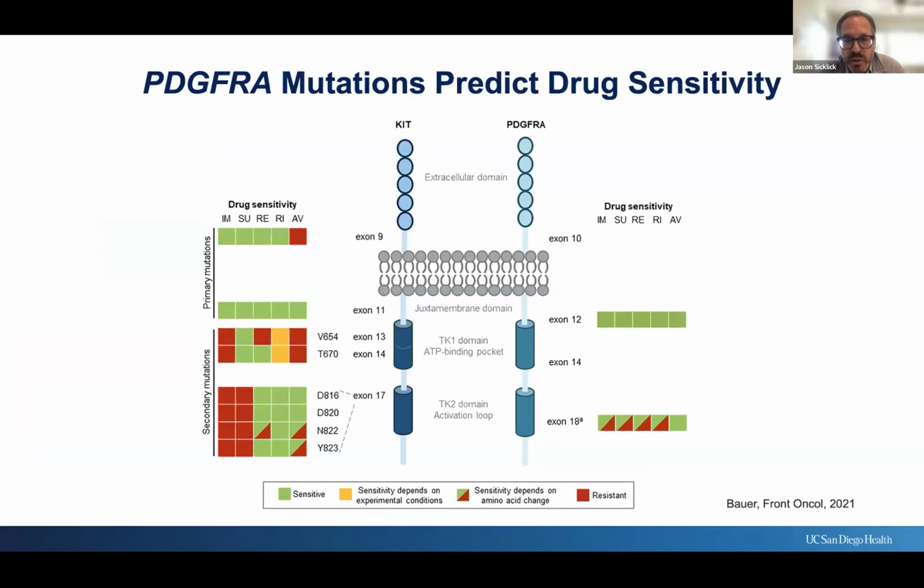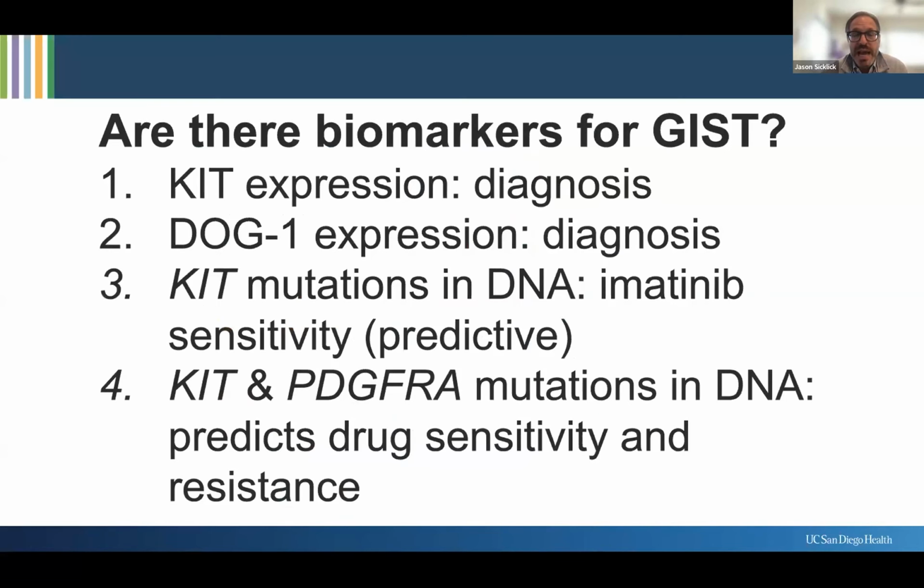And so we can start seeing similarly that there are mutations within PDGFR alpha that are sensitive to imatinib, sunitinib, regorafenib, and the latest drug, which I'll come to, avapritinib, or AV. But there are also mutations that are resistant to these. And so now we add on an additional biomarker, being the KIT and PDGFR alpha mutations in the DNA predicting drug sensitivity and resistance.